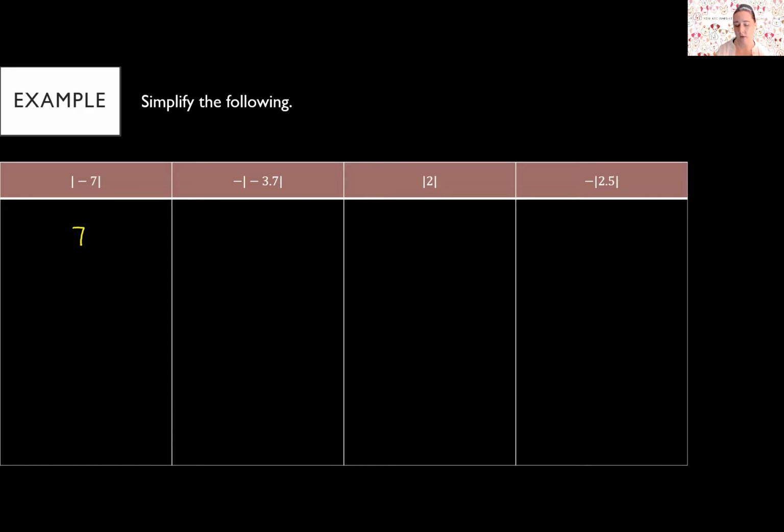The order of operations we abbreviate with PEMDAS: parentheses, exponents, multiplication and division, addition and subtraction. Absolute values fall under the parentheses step, even though they are not parentheses, because that P is for things that group things together. So absolute values are done first.